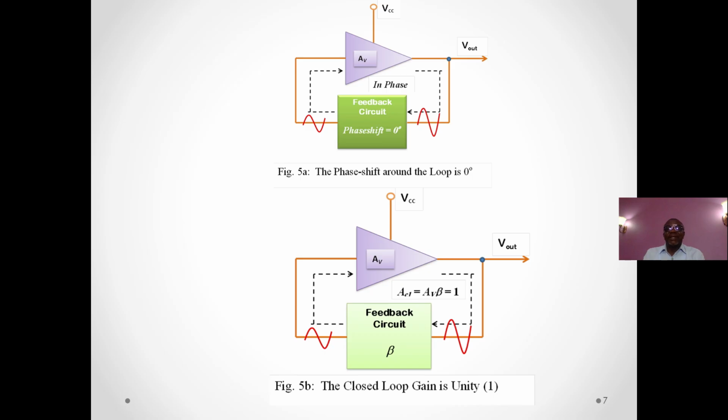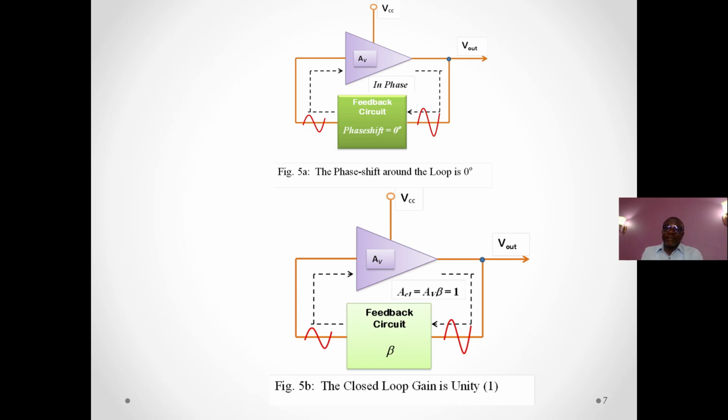In that feedback loop, the phase shift must be equal to 0. If you look at the arrows in black dotted lines, you see the direction of the arrow, that the output is fed back through the feedback circuit.